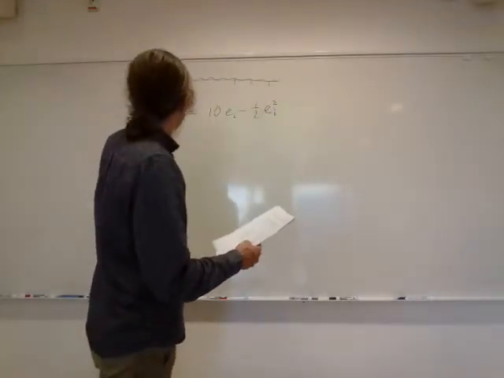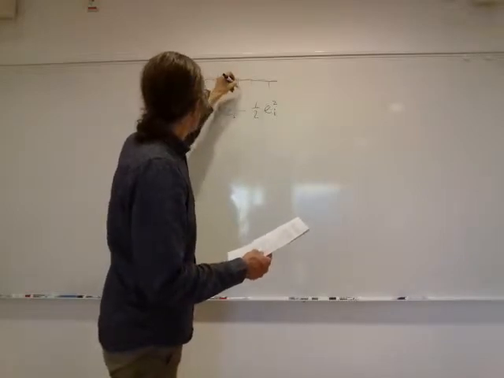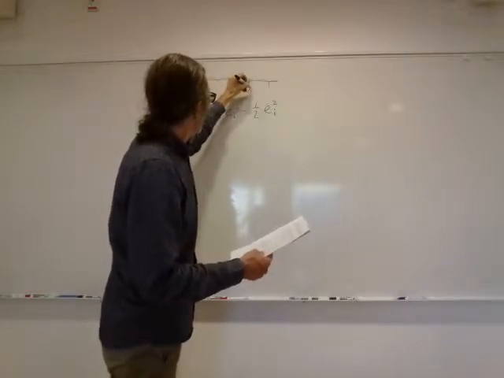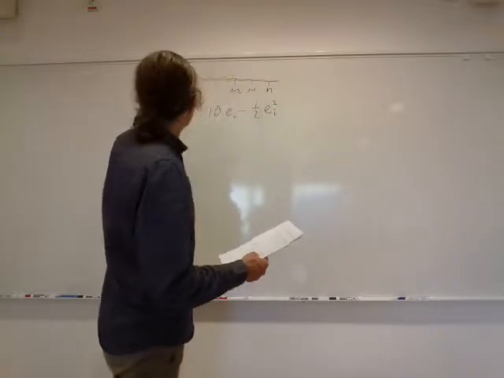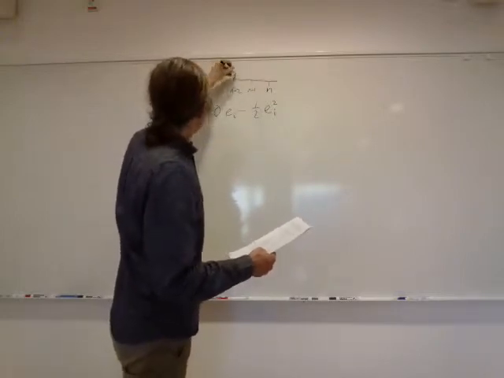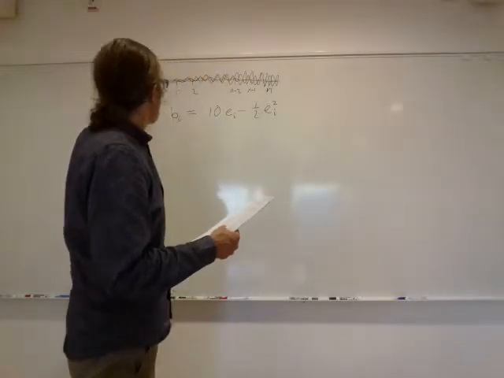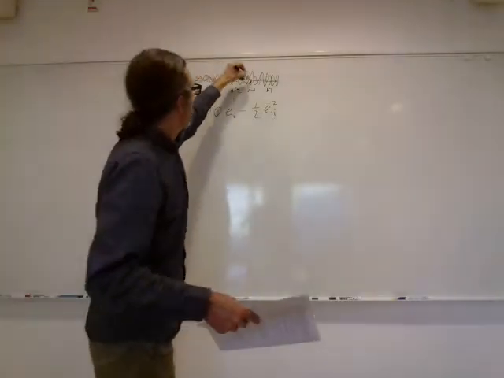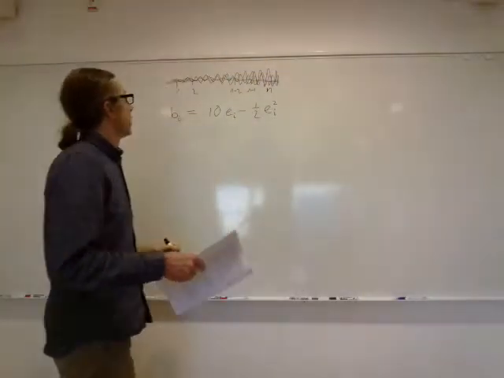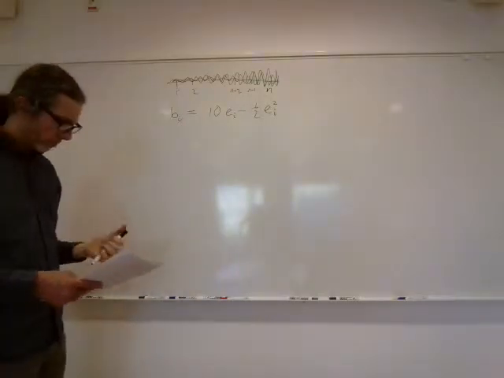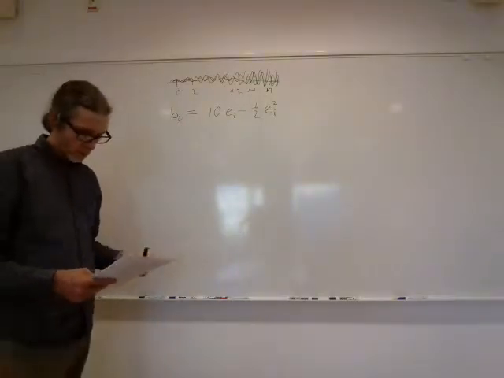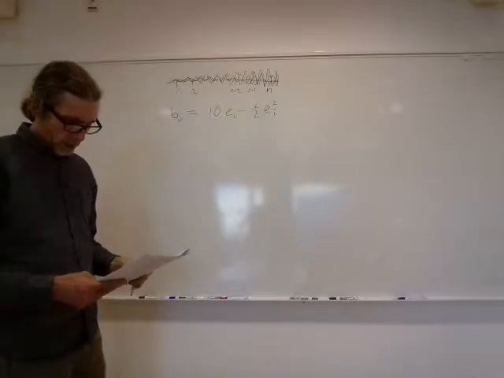So let's say 1, 2, n minus 2, n minus 1, n. And the river's getting more and more polluted, isn't it? As we go downstream. Okay.